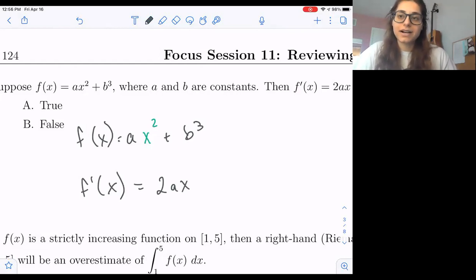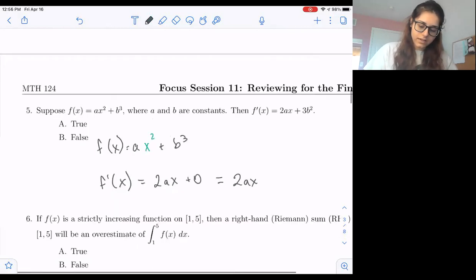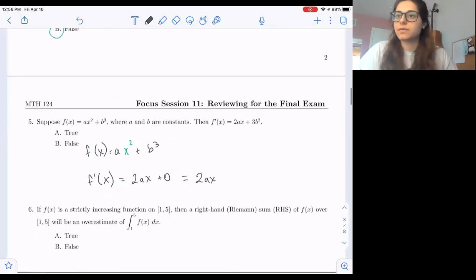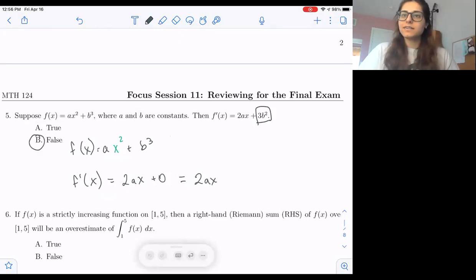So the derivative of a constant is 0. Our derivative should be 2ax, and they've included 3b squared. So this is false. Again, this is kind of tricky. You just get caught up in the moment, like, yeah, let's take the derivative of b. Don't do that. Remember, he's trying to trick you.